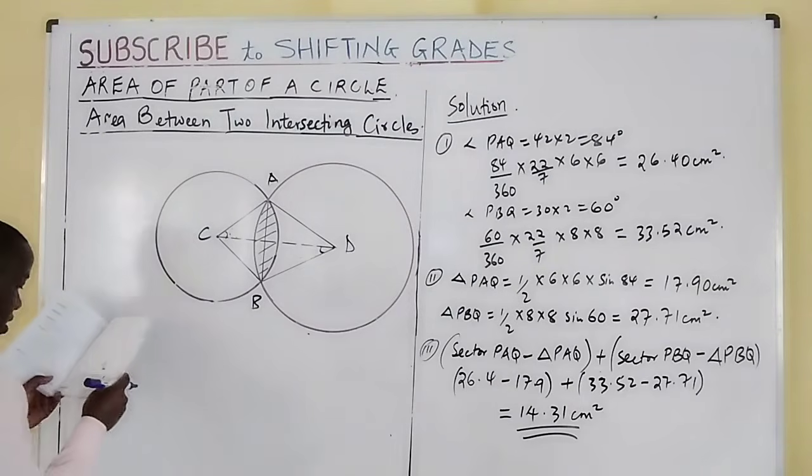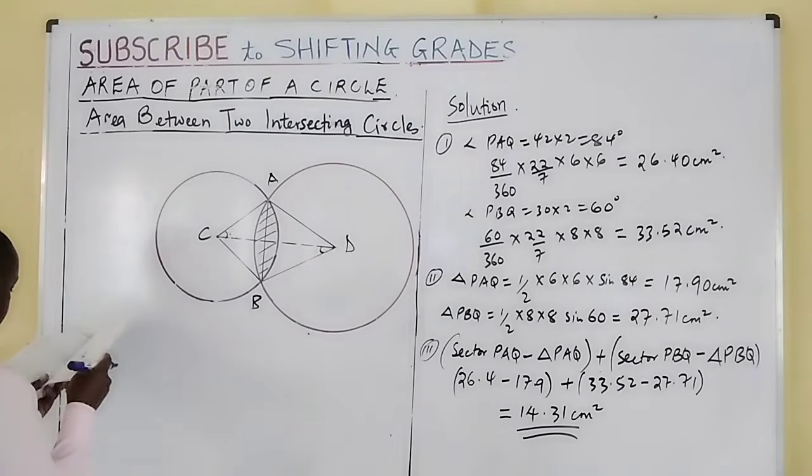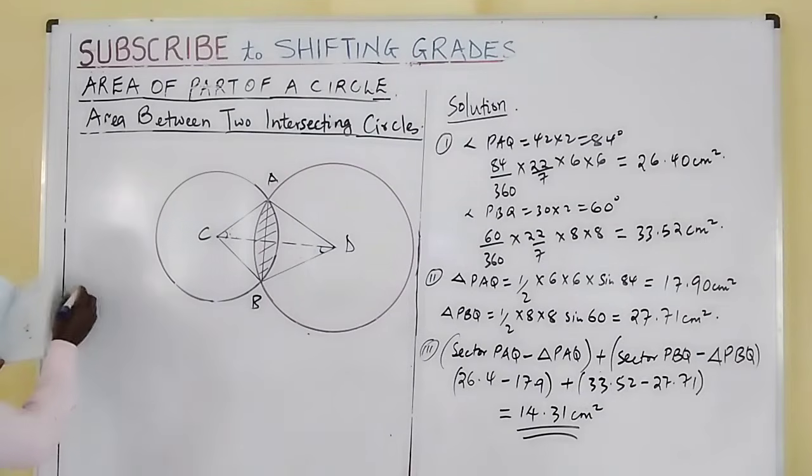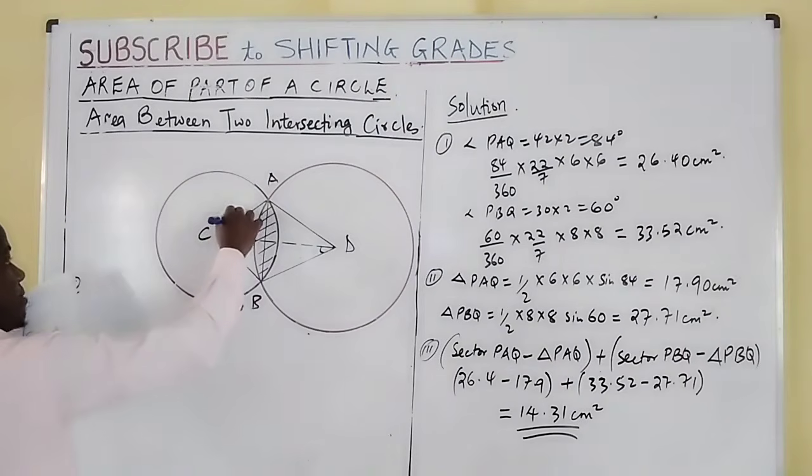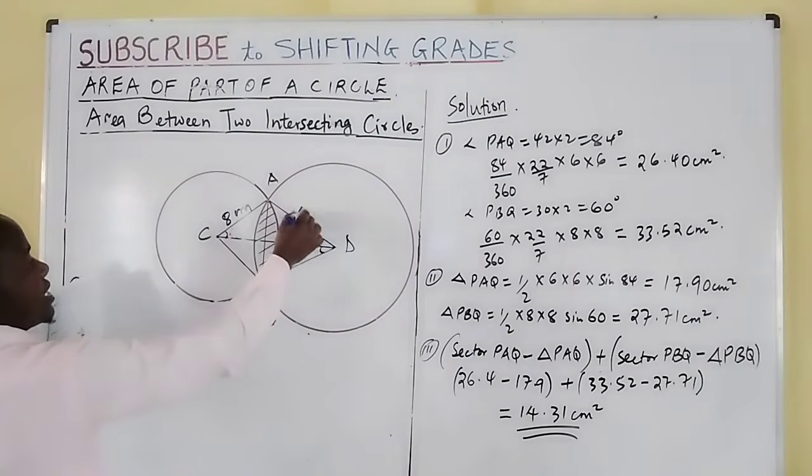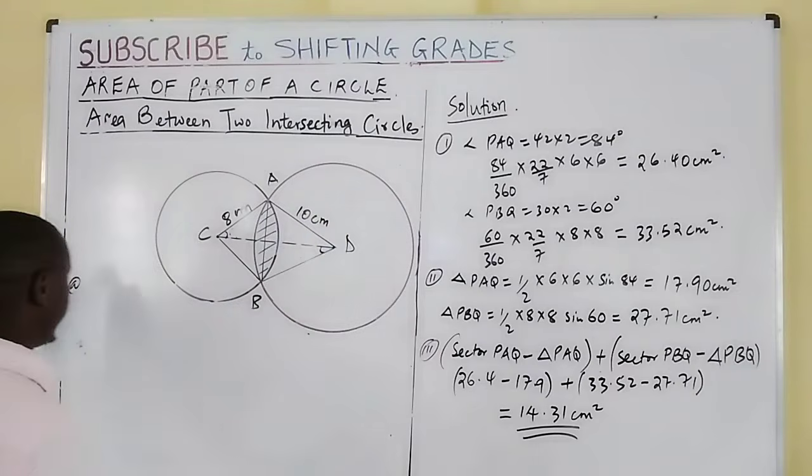Then we are told that, given that, part A, the radius we have 8 centimeters, and this one 10 centimeters. That's provided.